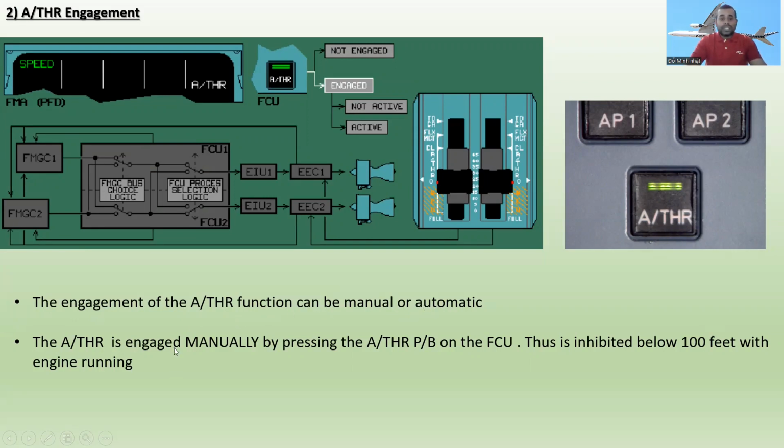The auto thrust is engaged manually by pressing the auto thrust push button on the flight control unit. This is the actual auto thrust push button. This is inhibited below 100 feet with engine running. Remember it.